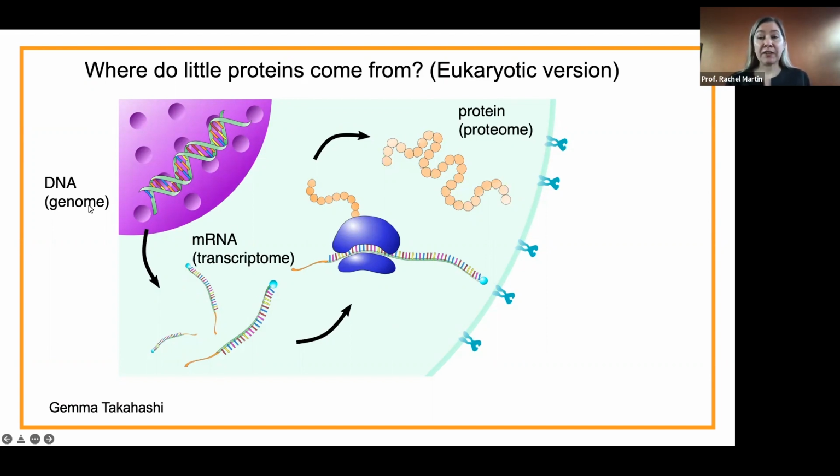So we can look at the source code. That's the DNA, and that is the whole repertoire of every protein that organism could make. Then the transcriptome is everything that's being expressed, maybe in a certain tissue, maybe at a particular time, but that's what's actually being made. And then the proteome looks at what proteins are actually present.